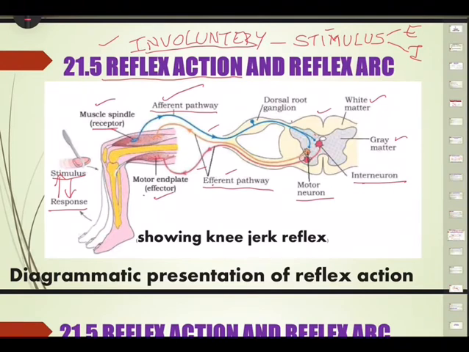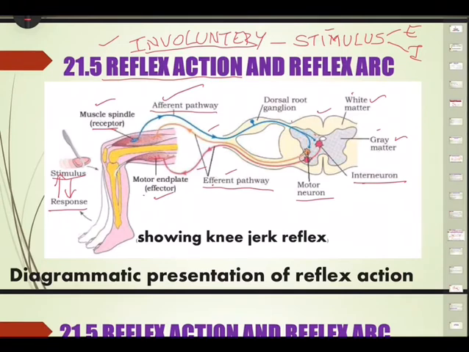It conducts impulses to and from the brain, controls most of the reflex activities, and provides a means of communication between spinal nerves and the brain. It is formed of two types of neural tissue, internal gray matter and external white matter. You are seeing the internal gray matter and external white matter.